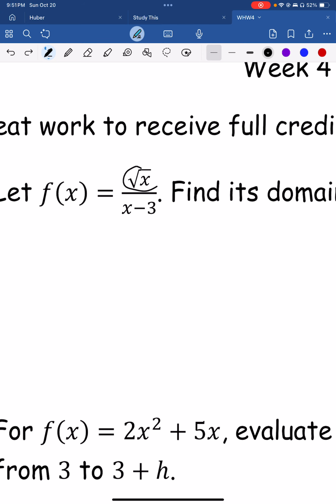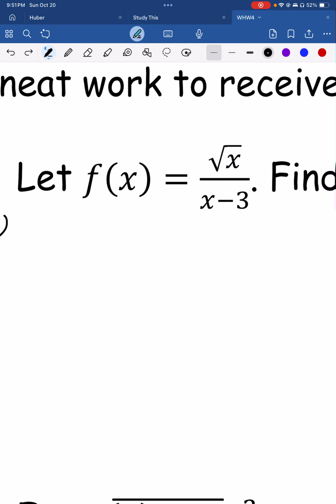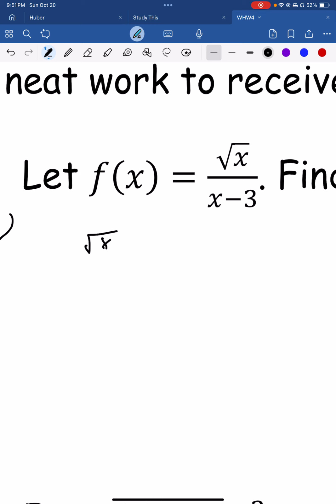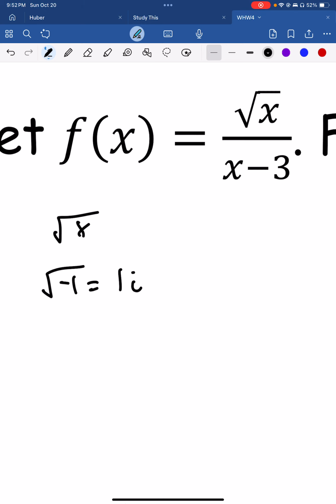I identify a square root of x and an x minus 3 as a denominator. For a square root, I can never have a negative number. If I have a square root of a negative number, I'd use the imaginary number.